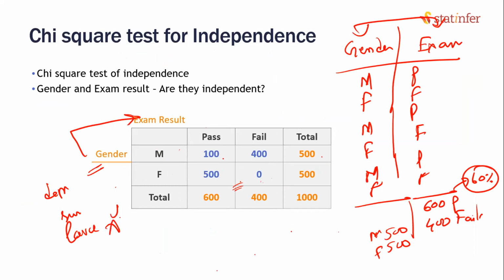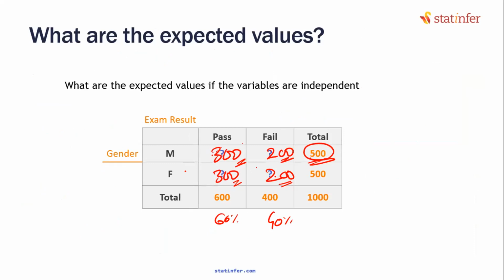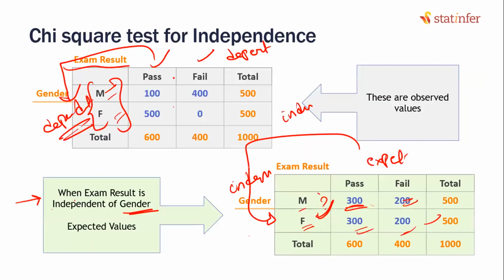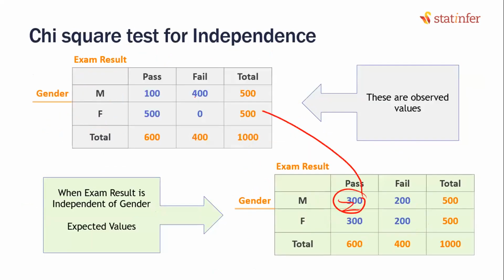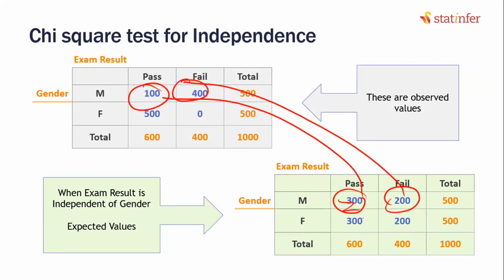It would be large. Why will it be large? Because your difference is there between expected and observed, a huge difference. When it is independent, you expect like this, but you got very different numbers. That is why chi-square will be large.